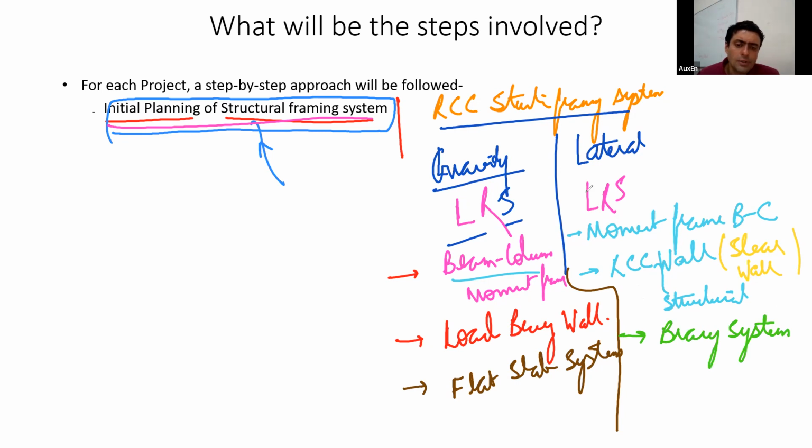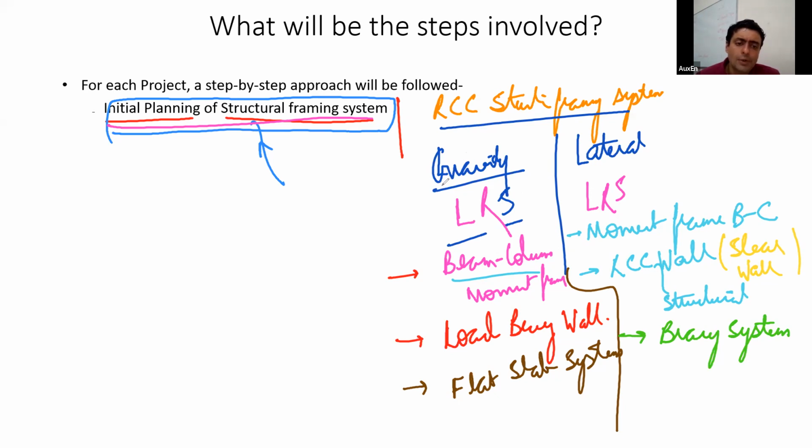The John Hancock building in Chicago uses periphery bracing system to take care of lateral loads. So you can have a moment frame system, an RCC structural wall system, a bracing system. All these are examples of lateral load resisting systems.